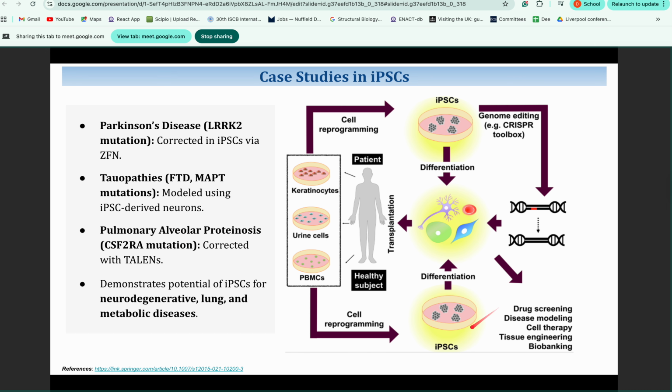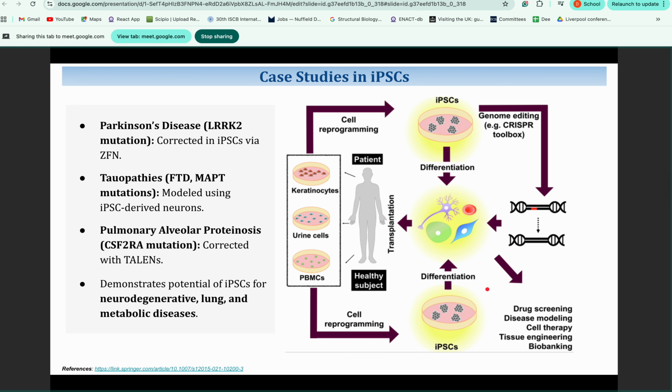So here is an example taken from this particular article, in which this is the patient. He has keratinocytes, urine cells, and PBMCs. So one is the patient, another one is the healthy subject. In both of them we are doing cell reprogramming, in which we are converting these cells into induced pluripotent cells.